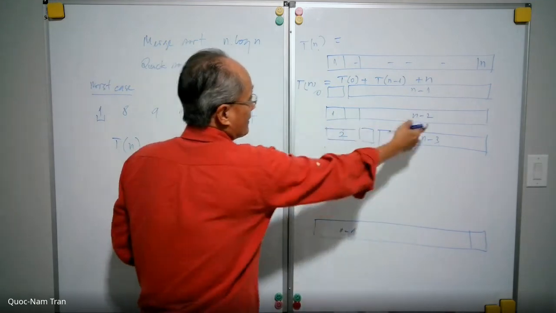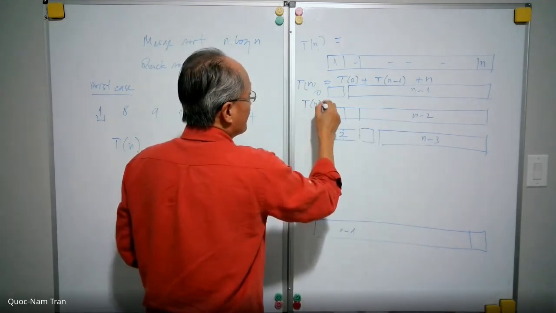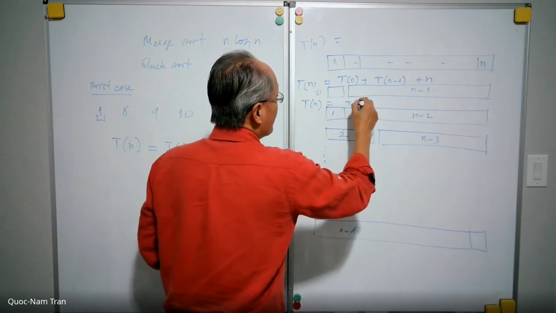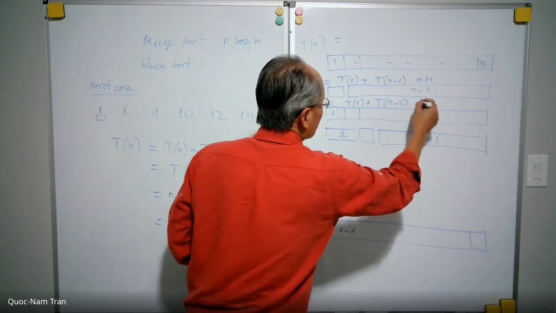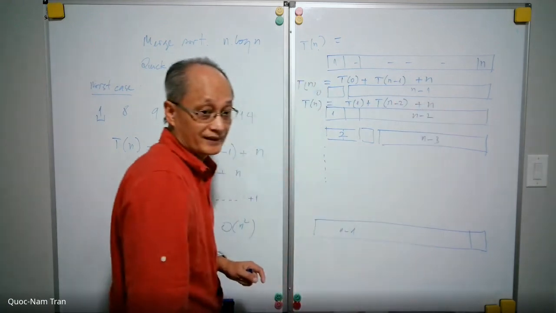This one, you have Tn is T1 plus Tn minus 2 plus n, right?